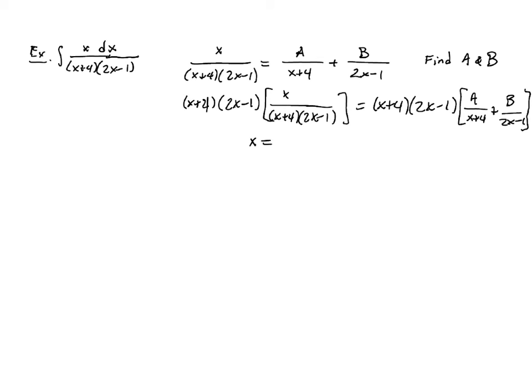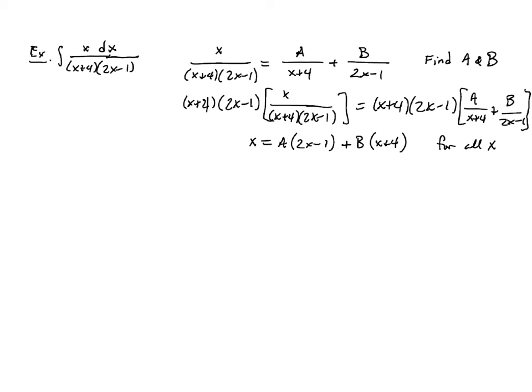The right-hand side you have to distribute the x plus 4 and the 2x minus 1, and what you end up with is A times 2x minus 1 plus B times x plus 4. Now, this equation is supposed to be true for all numbers x.